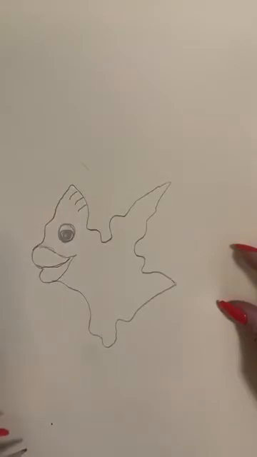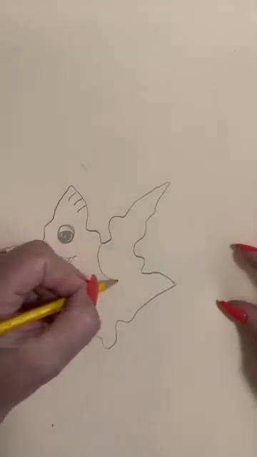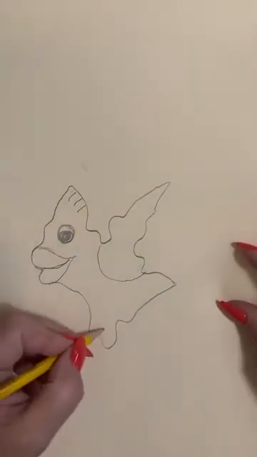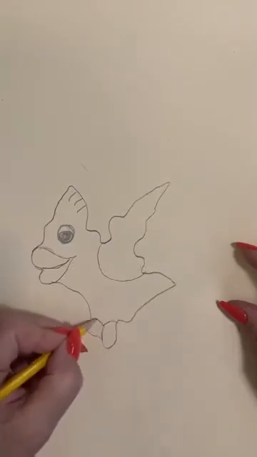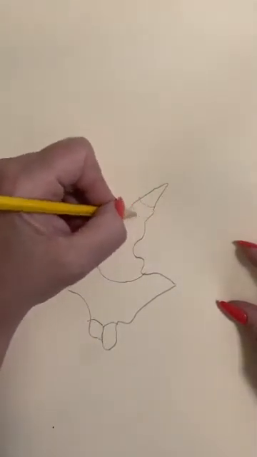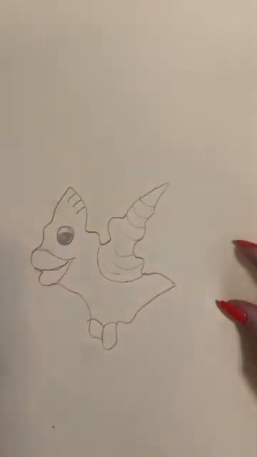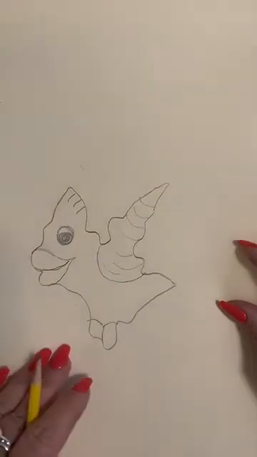You don't want too much detail on this because you're going to have to draw this several times. So you don't want to have 18,000 lines on this, because trust me, it's going to be harder for you. If I draw a line, a line, a line, I'm going to have to draw all those lines every time I put that tessellation on there.